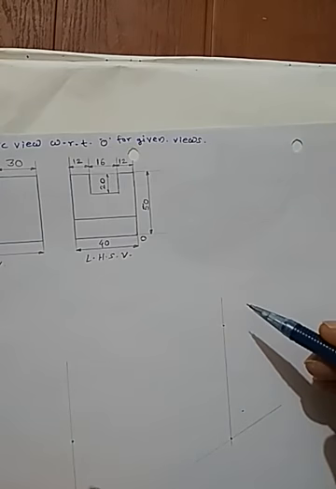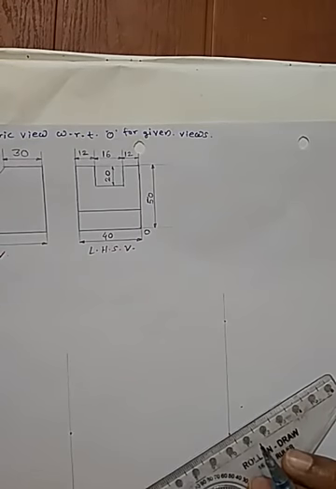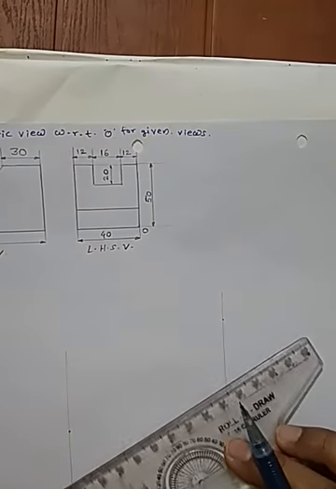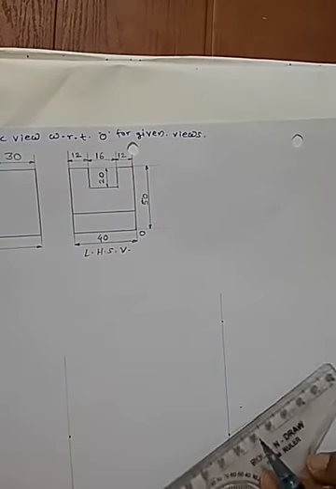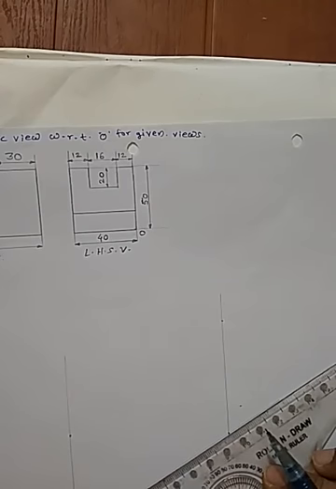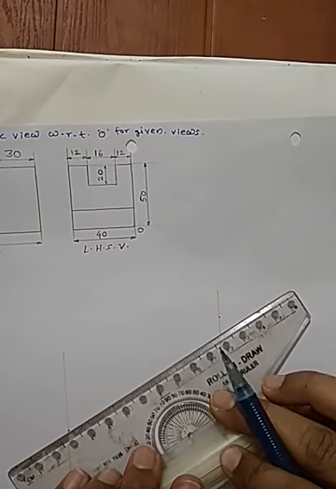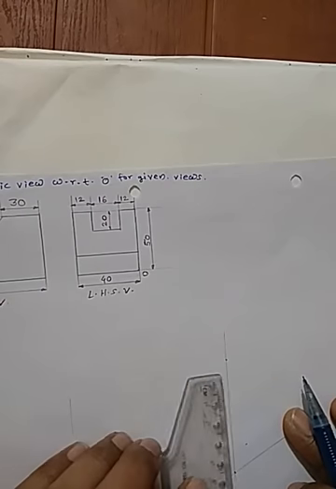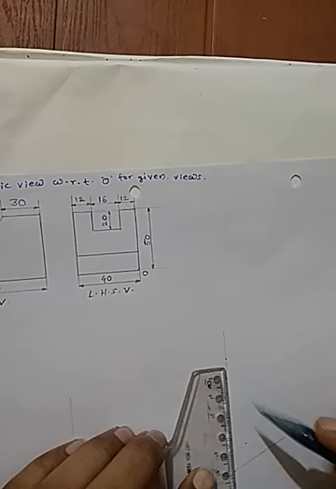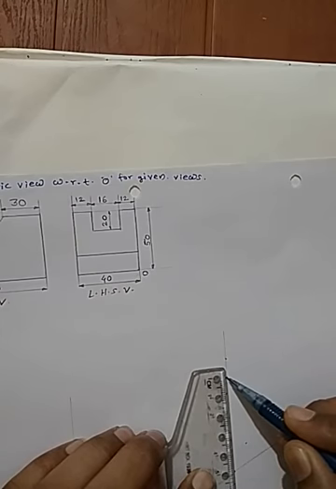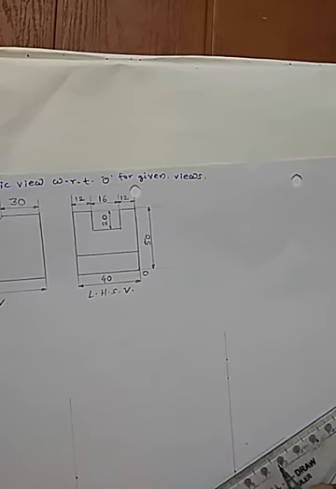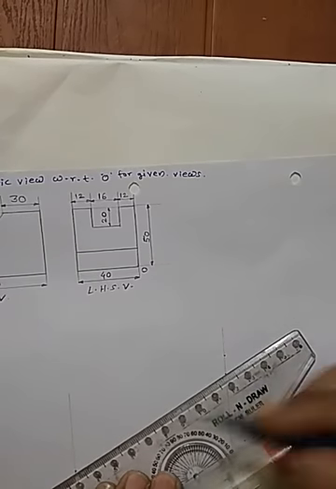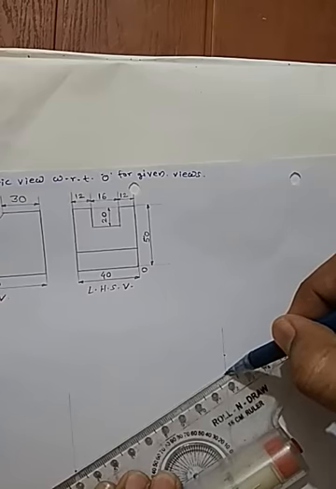Now to join these two points, the line that I am drawing is parallel to the X axis. Here it is 50 mm. You can see that the line that I am drawing now is parallel to the X axis.